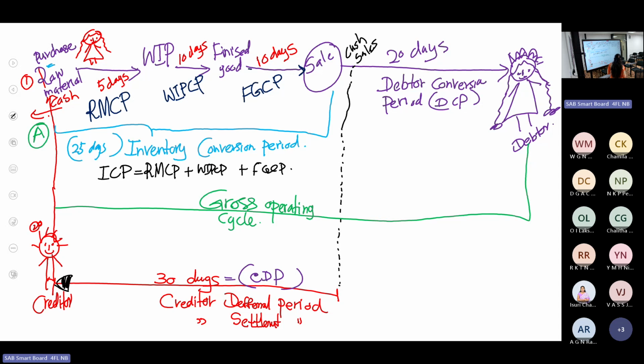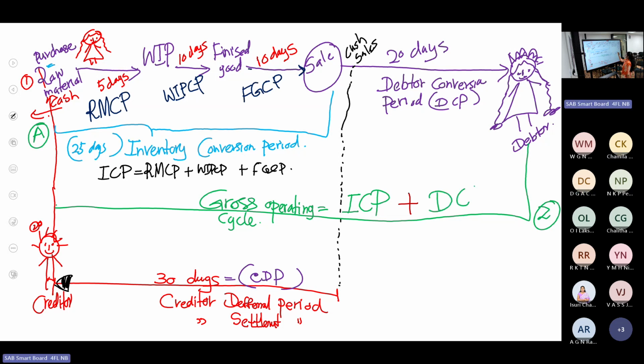We know the gross operating cycle can be divided into two stages. What are these two stages? First one, starting from inventory conversion to the sales, which is called the inventory conversion period, plus what is the other one? Can anyone tell me? A to Z. Exactly, very good.